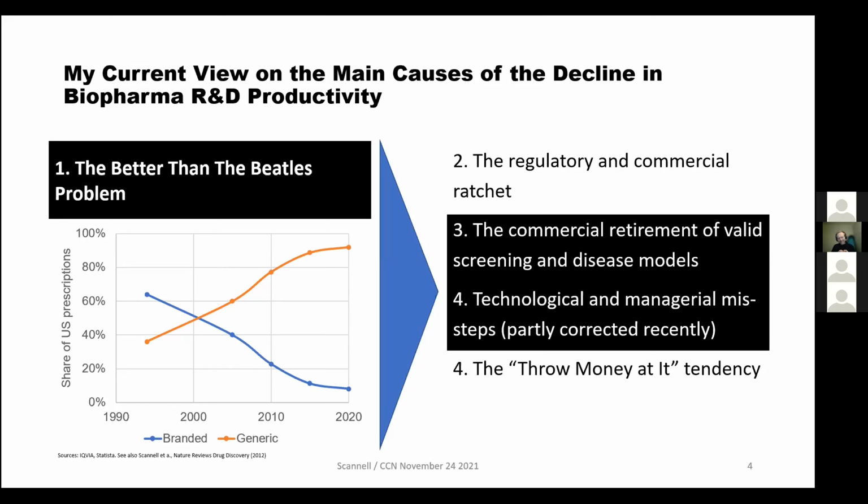Now, that economic conjunction happens in the drug industry. What we've got here is a graph of the proportion of US prescriptions that are for generic drugs, and that's the orange line going up. And we've got a blue line going down, which is the proportion of US prescriptions which are for branded drugs. What you can see is that the proportion of branded prescriptions has gone down and the proportion of generic prescriptions has gone up.